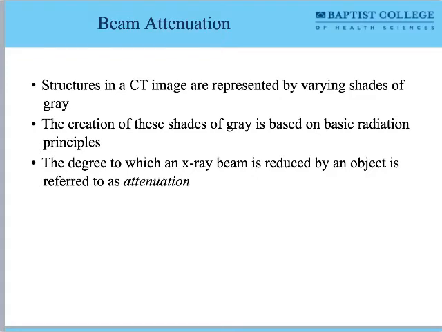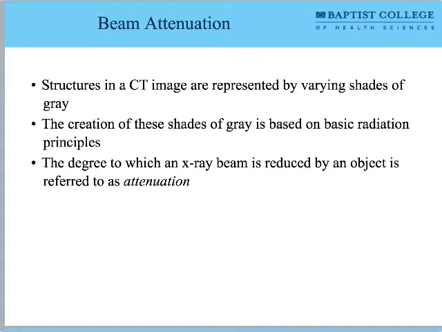All of these structures that we're going to see inside the patient's body, inside of our little bread loaf, are going to be represented as different shades of gray. Basically, the creation of these shades of gray is based on attenuation inside of the patient's body. We talked a little bit about this last week, but let's further define what's happening.